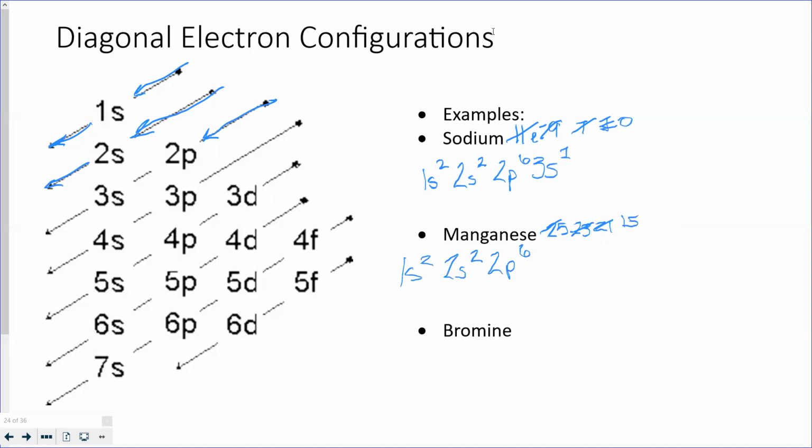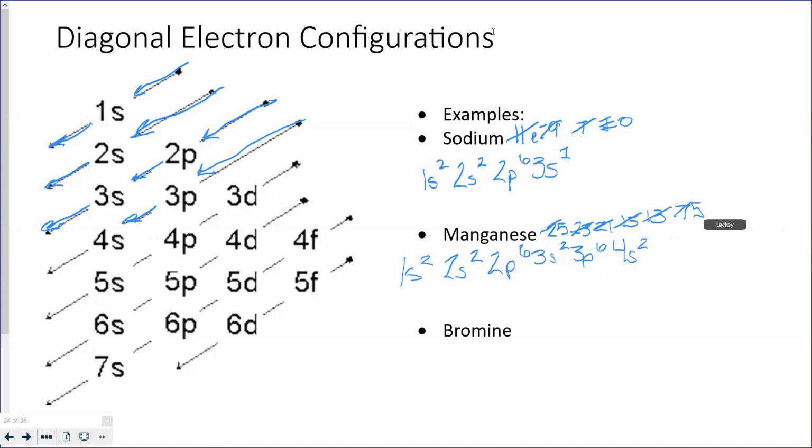Keep going. The next one is 3s, which we said can hold 2 electrons. So we have 13 left. Keep going. That finishes out that diagonal. So go to the next one. We then go to 3p, which can hold up to 6 electrons. So we have 7 left. Then next is 4s, which can hold 2 electrons. So we have 5 left.